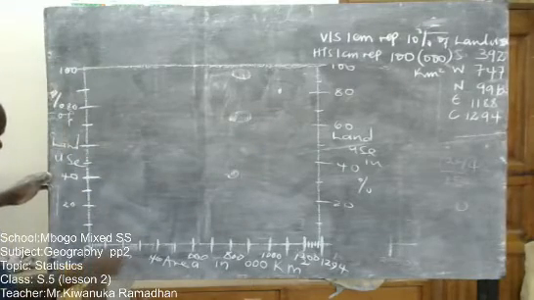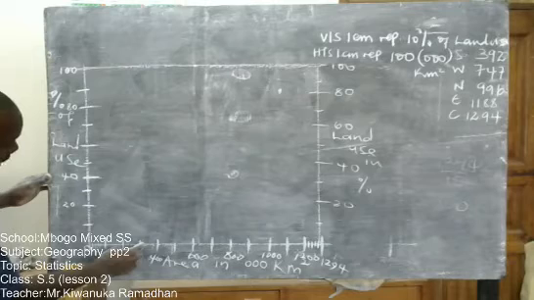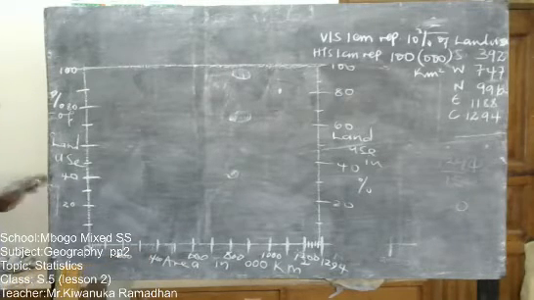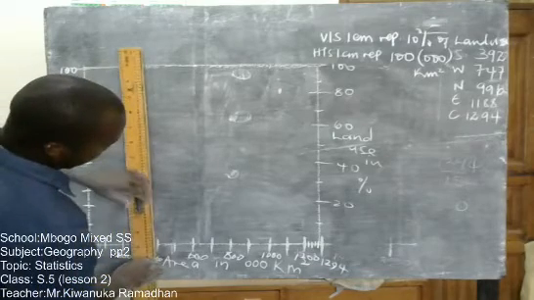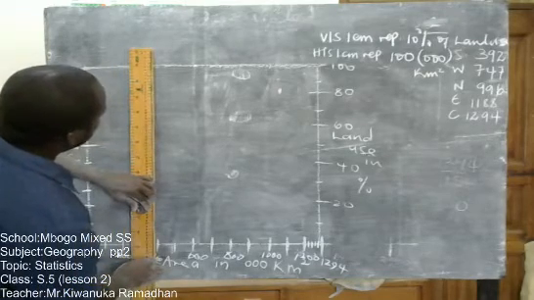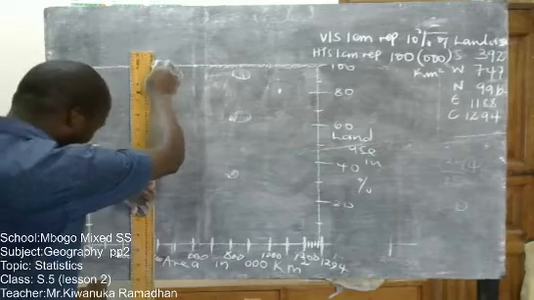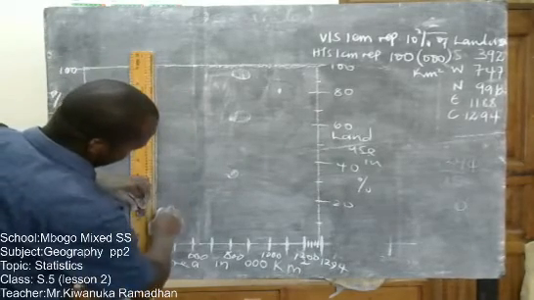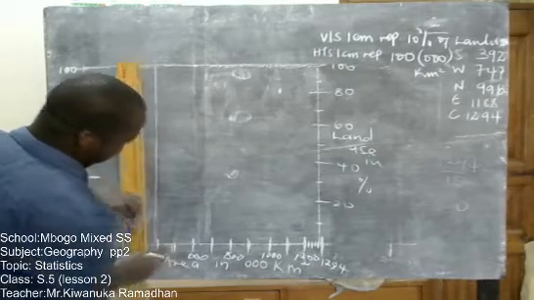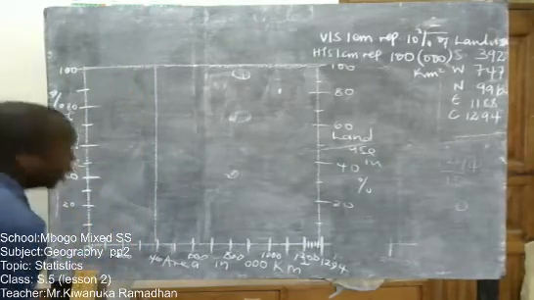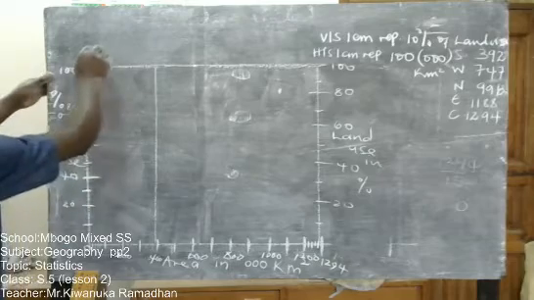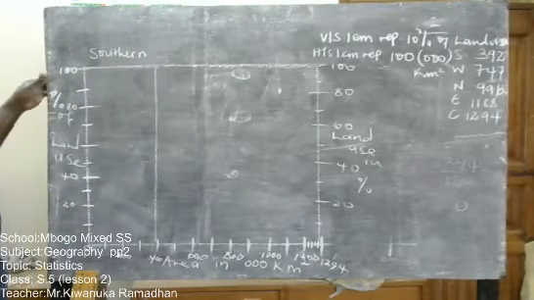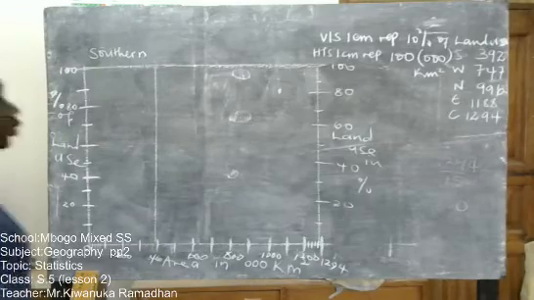This is 300, 20, 40, 60, 80. So the 392 is somewhere there. And what is that? That is now southern.